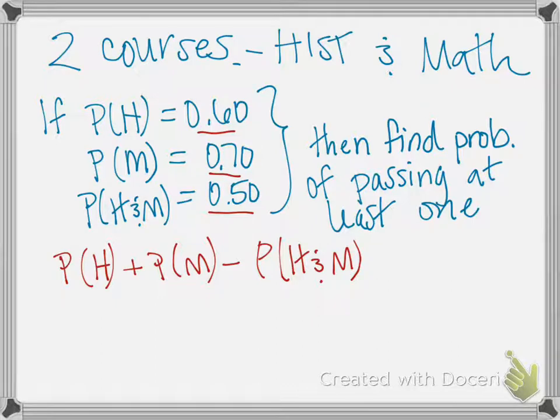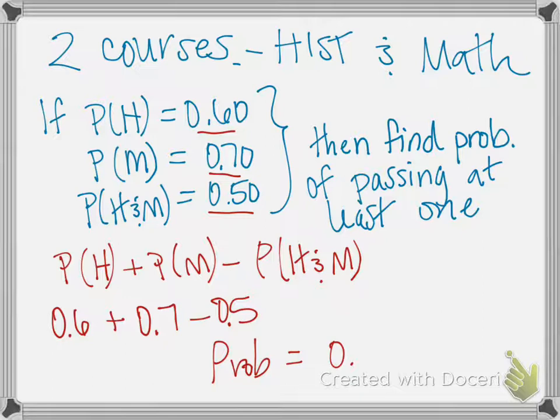So plugging in our values, we have 0.6 plus 0.7, and then we'll subtract from this 0.5. And when we do our calculations, then we see that the probability that our student passes at least one of his summer classes is 0.8. And that's going to be the probability there. I hope this helps you guys understand a little bit more on the rules of addition with probabilities.